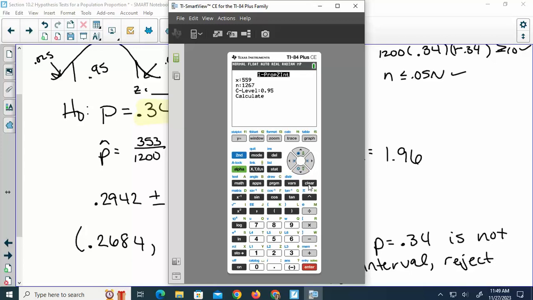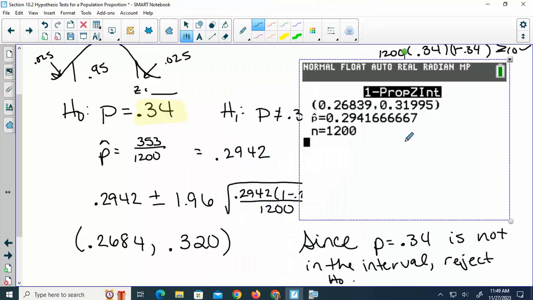So my X was my 353. My N was the 1200. My confidence level was 0.95 in the problem. And if we calculate, it builds our interval for us. Okay, so here's the interval, which is the same thing we got. Since the null hypothesis is not in there, we would reject. Any questions there?